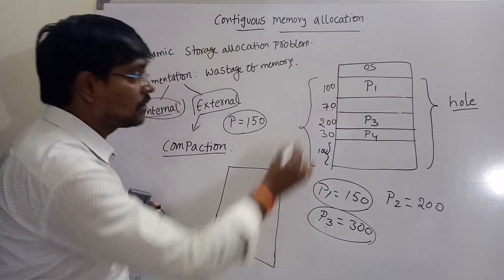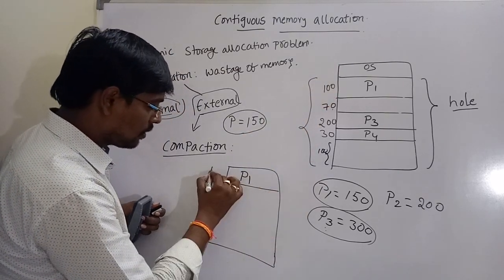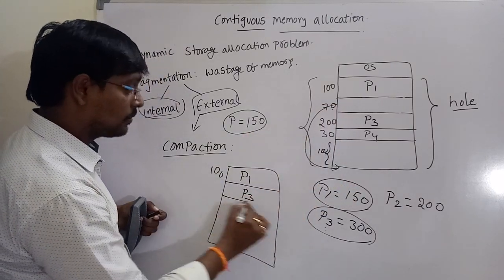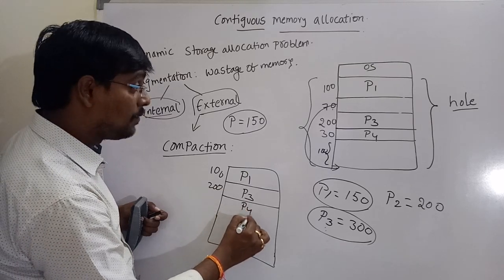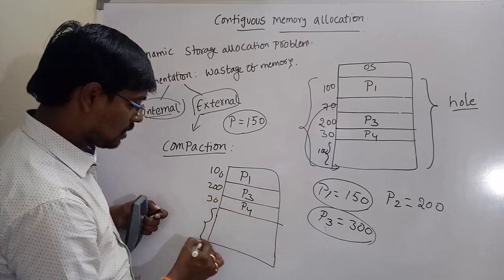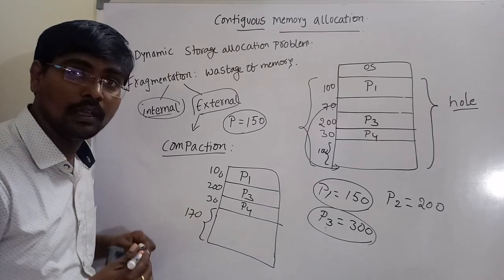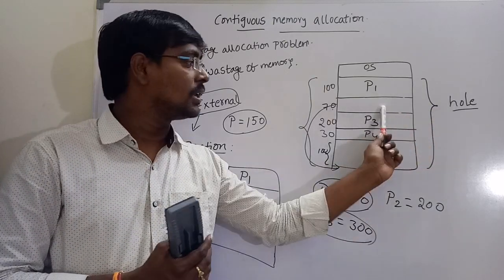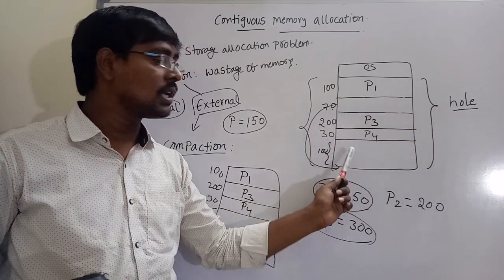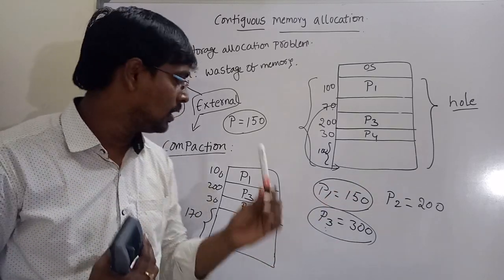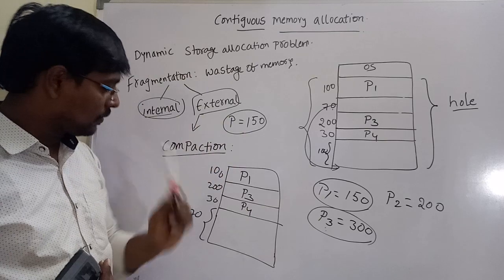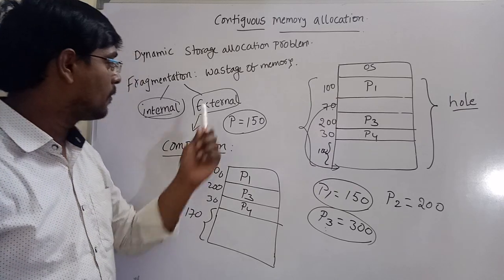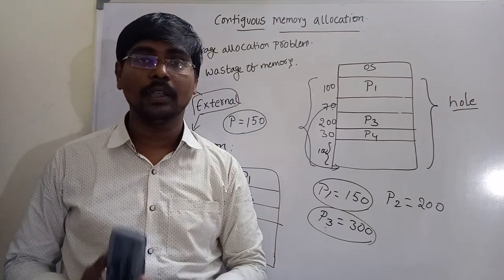After performing compaction, P1 is stored, P3 of size 200, P4 of size 30, and the remaining is 170. Compaction means all available holes are combined into a single large hole. A hole means free memory. Now my requirement is 150. I am allocating 150 in the 170. In this way I am overcoming external fragmentation. These are the contiguous memory allocation techniques.